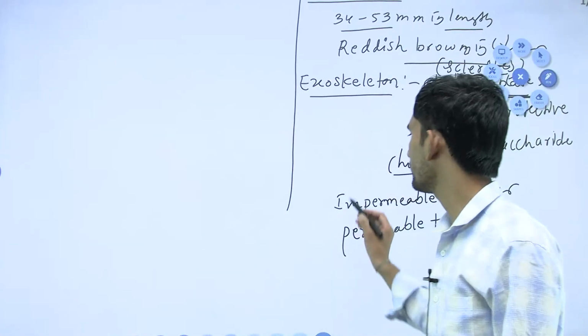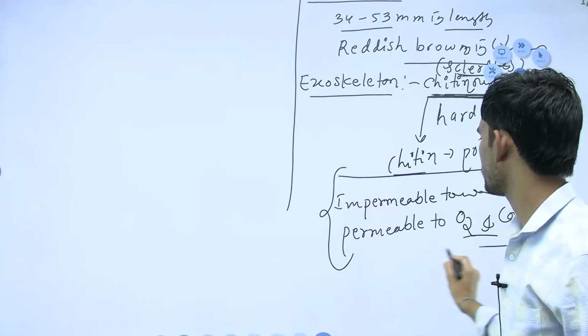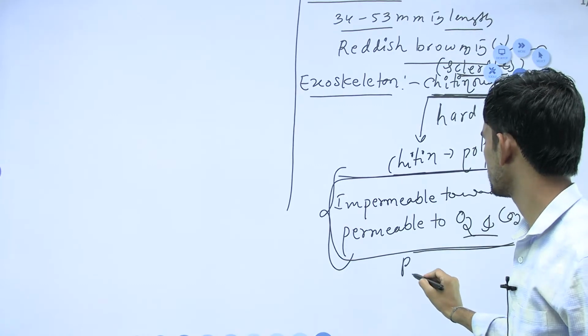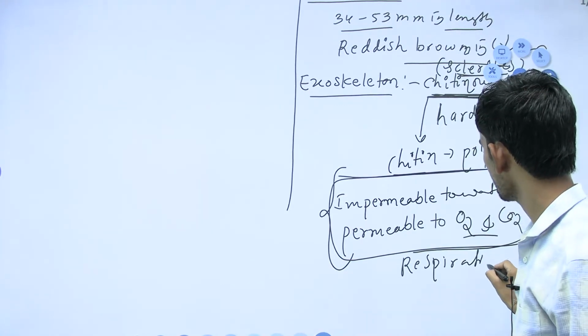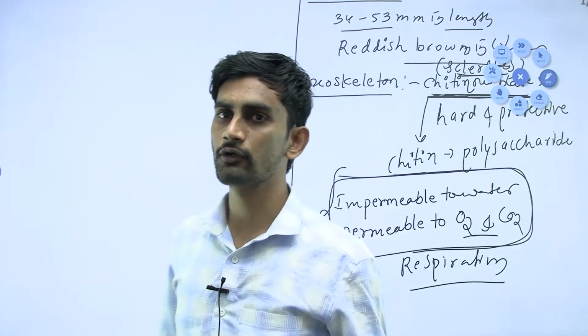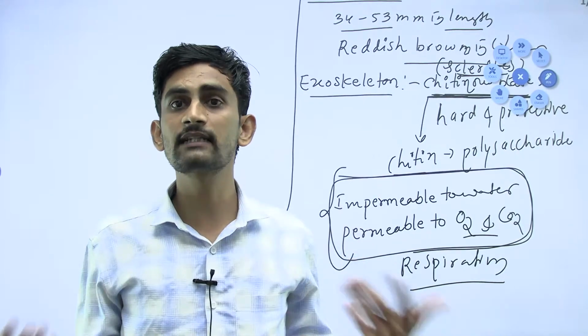You have to remember the use of these chitinous plates: protection, mainly, along with that allowing the respiration process, that is, exchange of gases. And as I've already told you, dorsally and ventrally together they are called chitinous plates or sclerites.